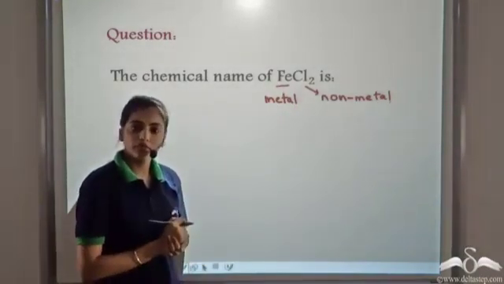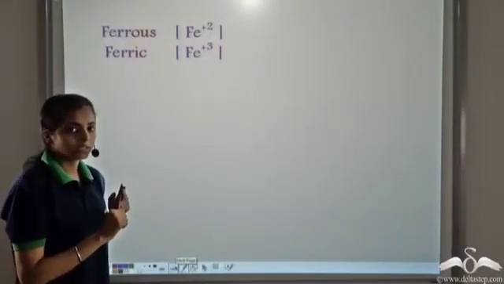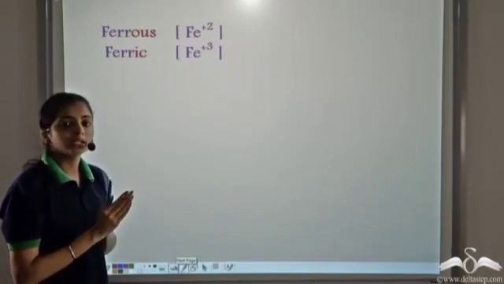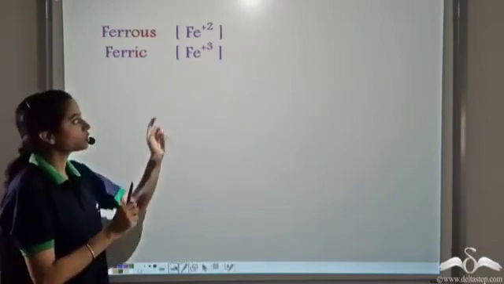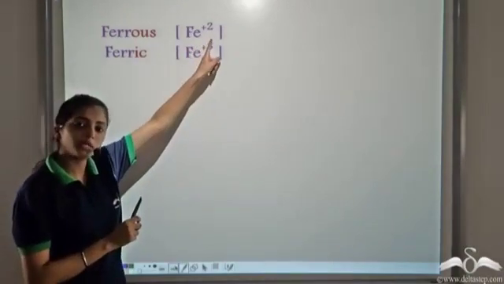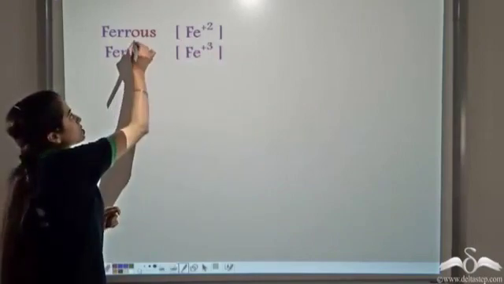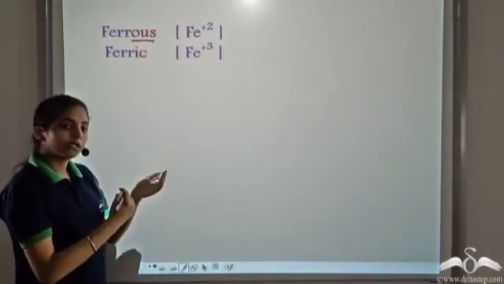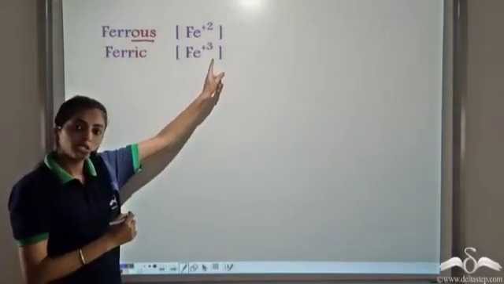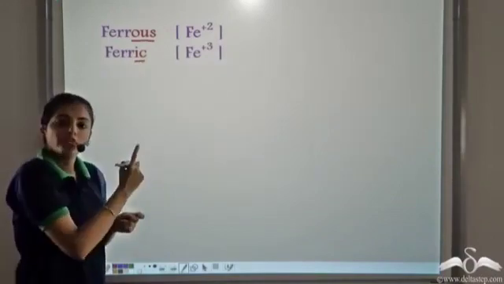But what is the name of Fe? We know for iron, there are 2 valencies shown, and we use the Latin name of iron. The Latin name of iron is ferrum. So when it shows a lower valency, that is +2, we use the name ferrous, that is, we use the suffix "ous." And when it shows a higher valency, that is +3, we use the suffix "ic." So the name becomes ferric.